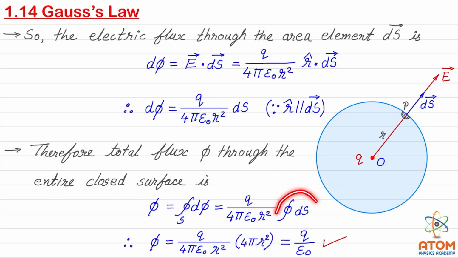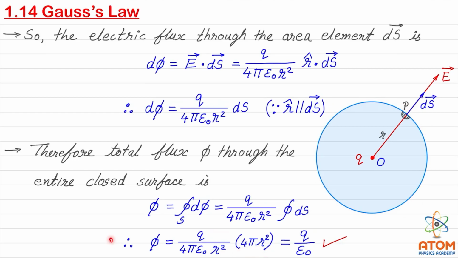But the surface integration on the closed surface of ds will obviously be equal to 4 pi r square, because when you take the surface integration of ds, that means you are adding all the small ds. That will give you the total area of this whole closed surface, and that total area is 4 pi r square.